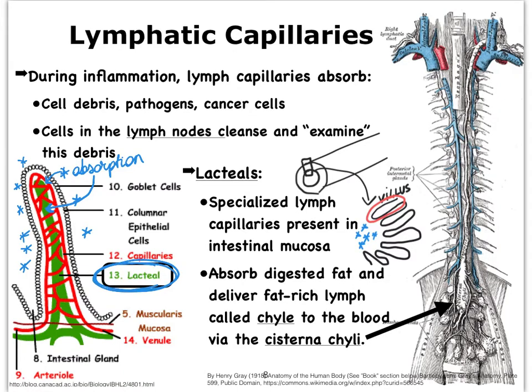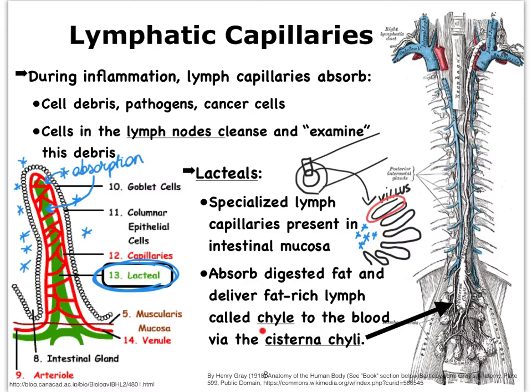We call them lacteals. And all of those lacteals will eventually form the beginning of a substantially sized duct that you see here. And the beginning of that duct is enlarged, like so. And we call it the cisterna chyli.